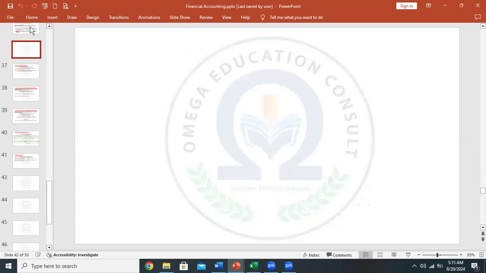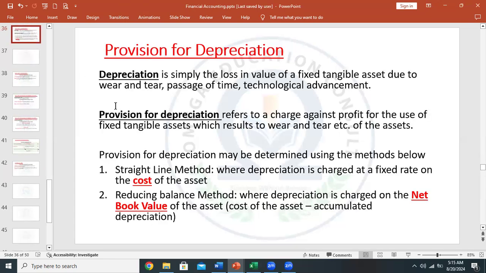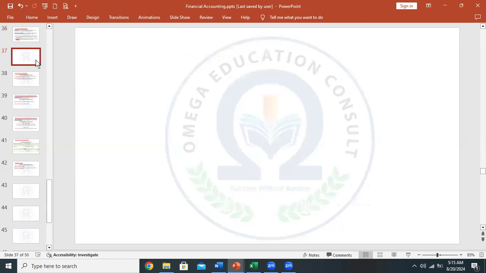The two main methods we are going to use are the straight line method and the reducing balance method. For the straight line, you apply the rate on the cost of the asset. But for the reducing balance method, you apply the rate on the net book value of the asset. So let's get those specific details down here.